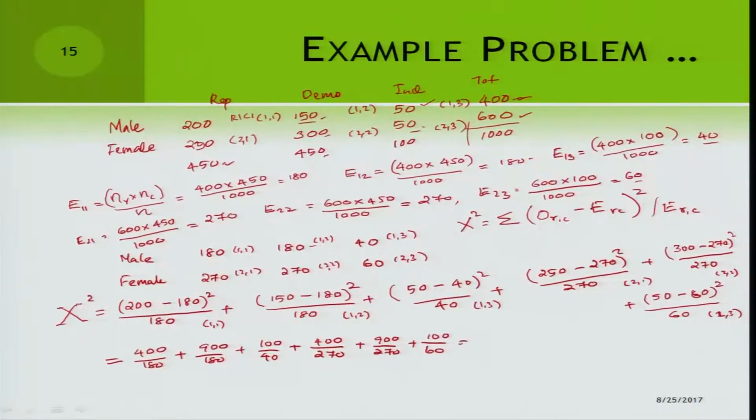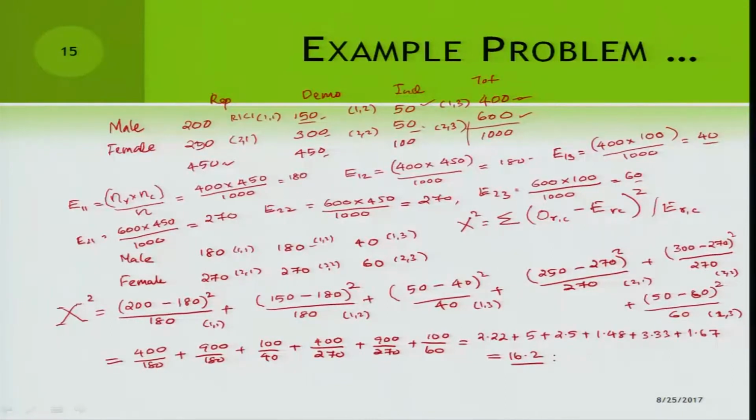If you do the math, it will come to 2.22, I am only doing 2 decimal places, plus 5, plus 2.5, plus 1.48, plus 3.33, plus 1.67. All of these values add up to 16.2.